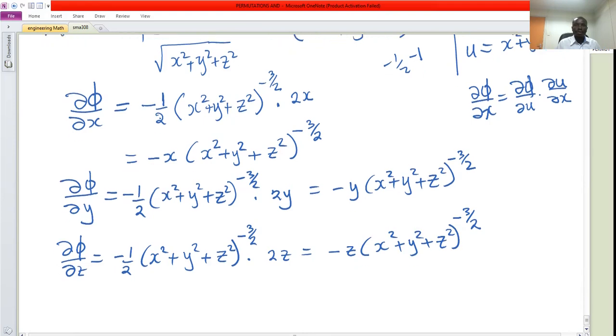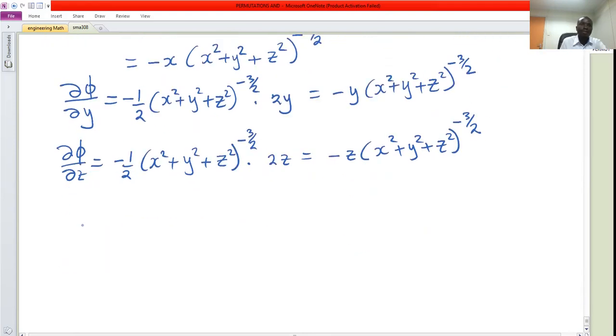Now, next one, we go to second partial derivatives. So partial squared phi partial x squared will give me the same as partial x of partial phi partial x.